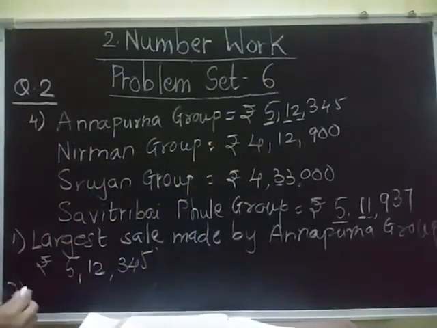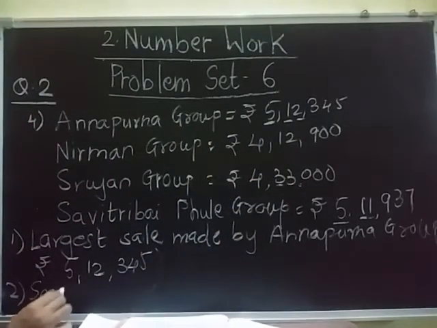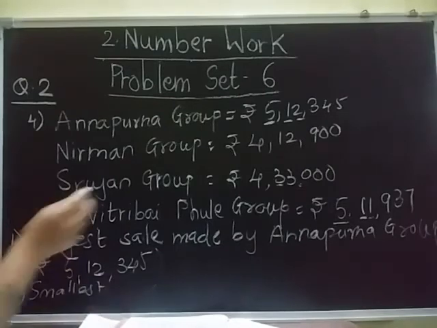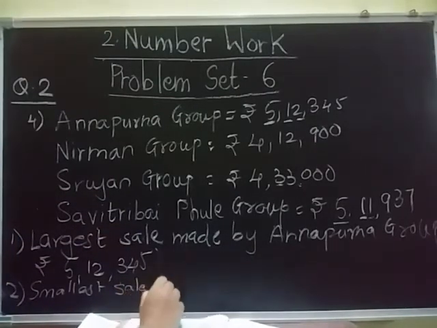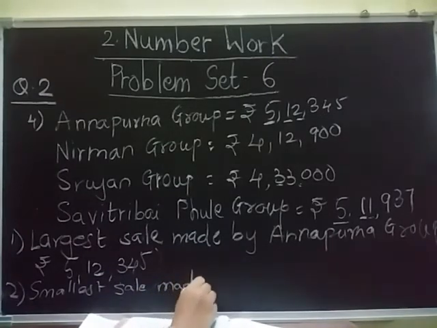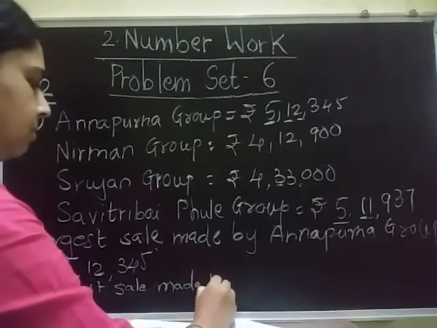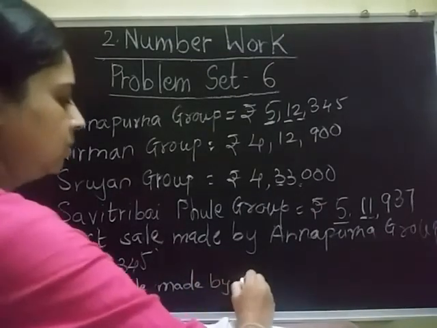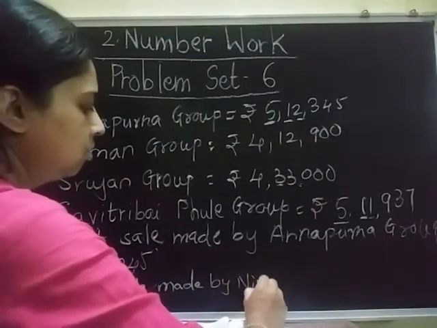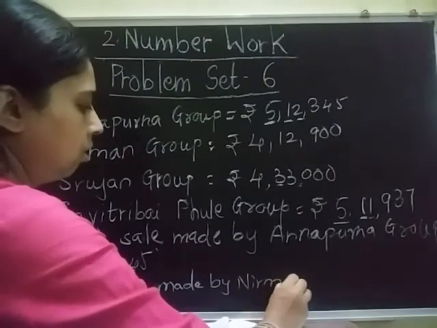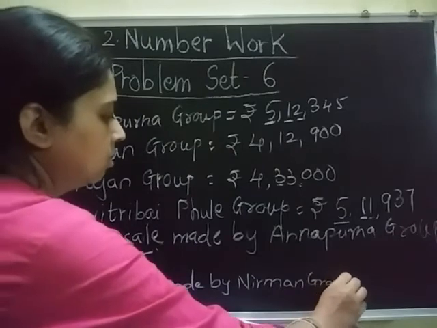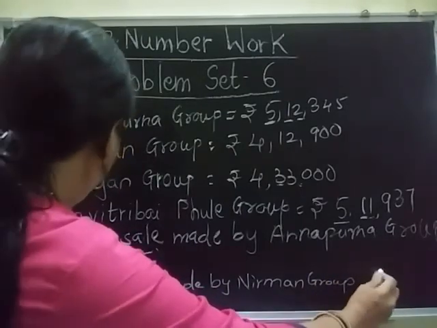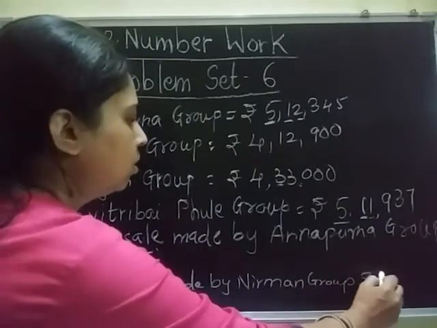So Nirman group. So the smallest sale made by Nirman group. Okay. Rupees 4,12,900.